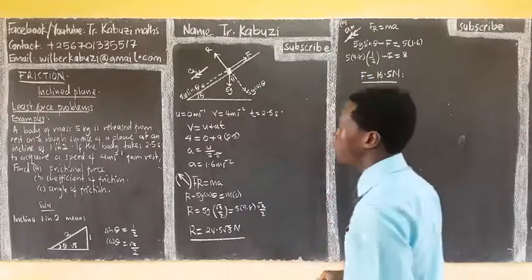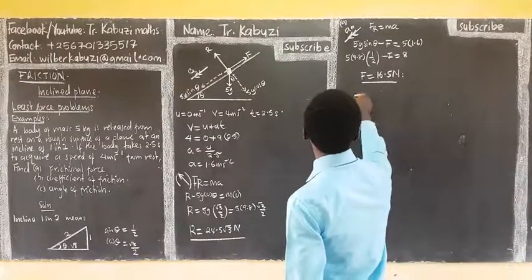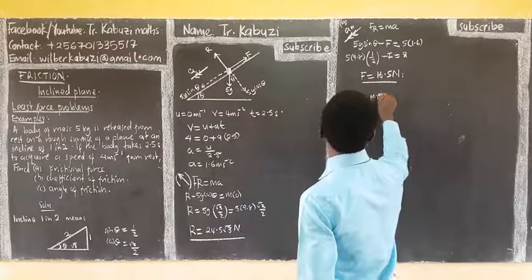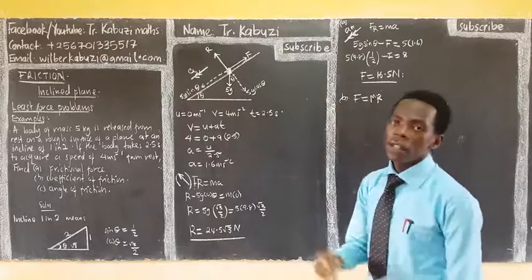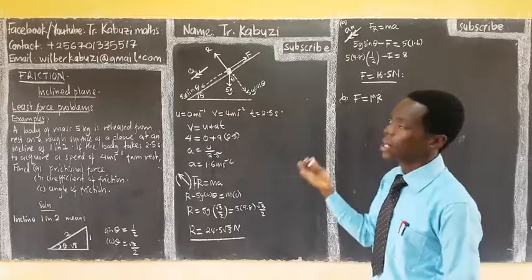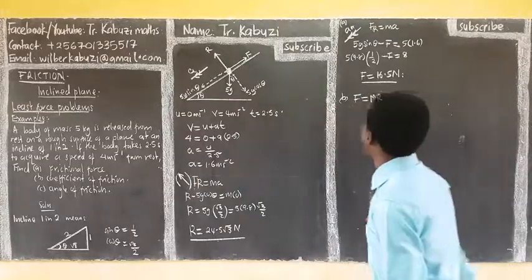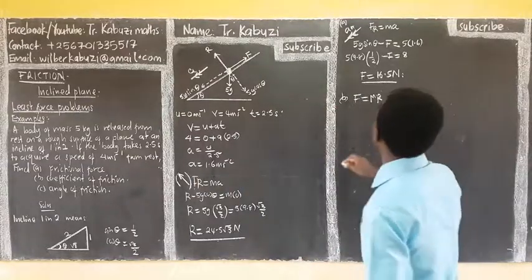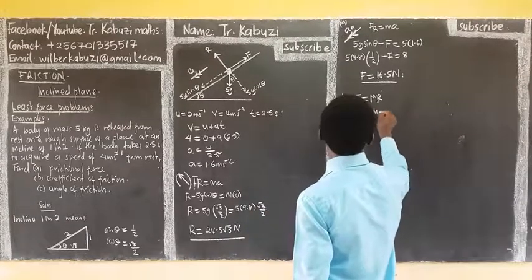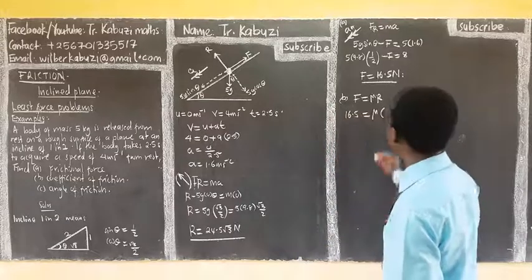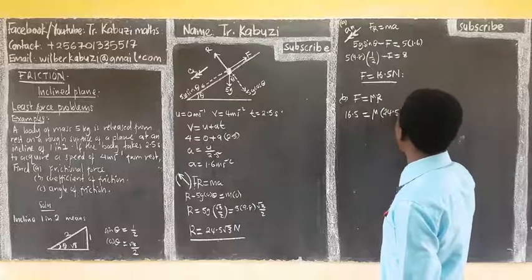In part B, they want us to get the coefficient of friction. We know that friction is mu R. Why are we considering this? Because as long as the body is in motion, friction has reached its maximum, which is mu R. That's why we are using it, because the body is in motion. So 16.5 equals mu, which we are looking for, times our R, 24.5 root 3.